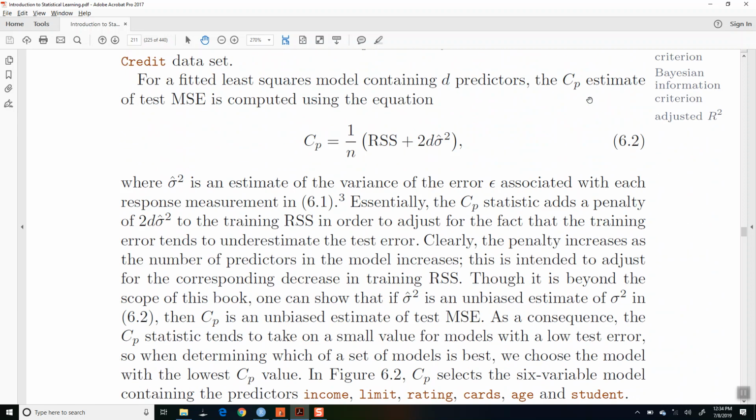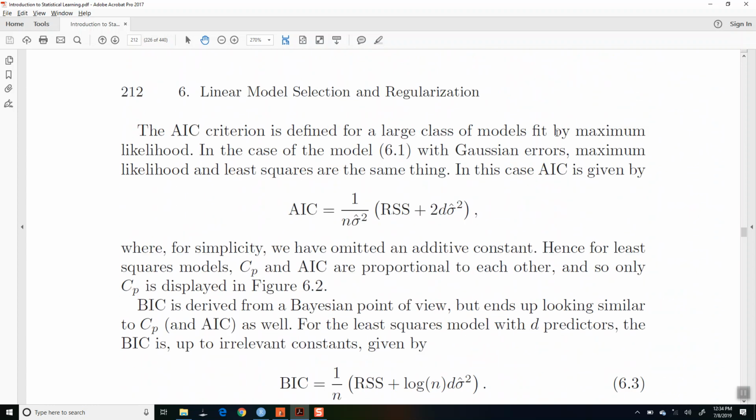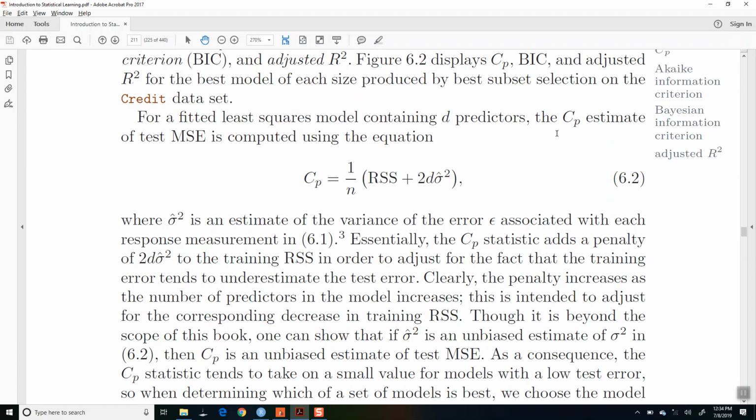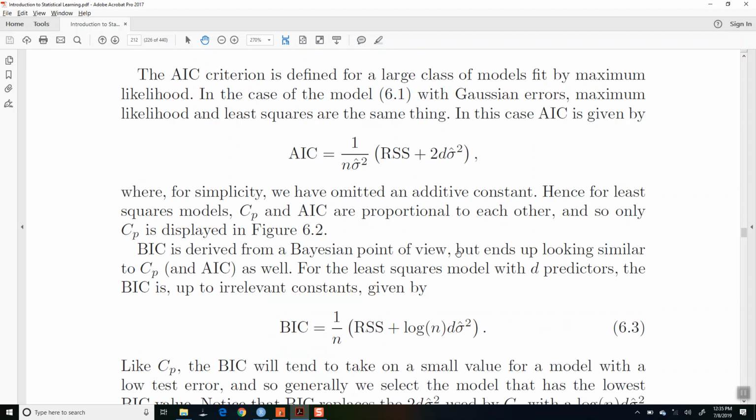And basically, okay, so this is AIC, which is basically you take the total sum of squares, and then you add in a penalty for more predictors, right? And here the penalty is basically 2, and here the penalty is log n.